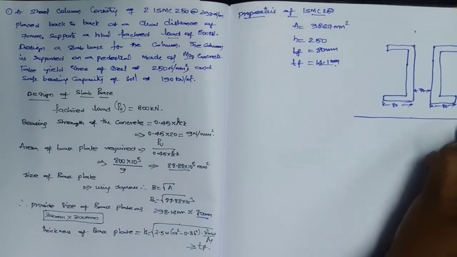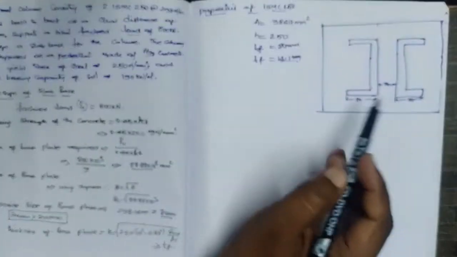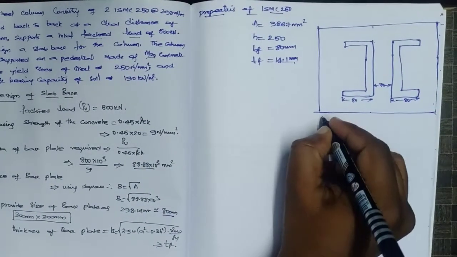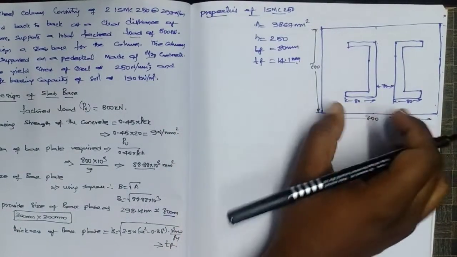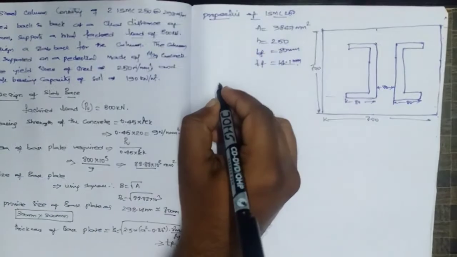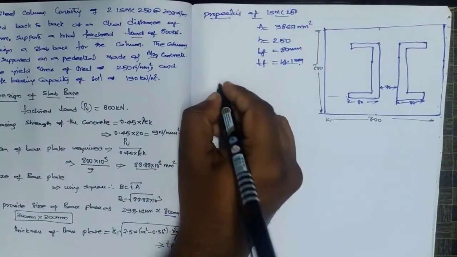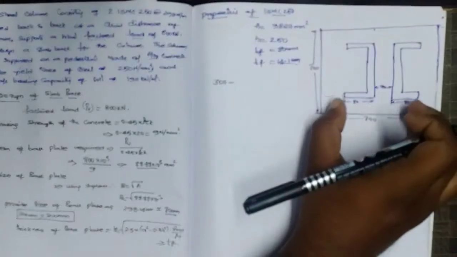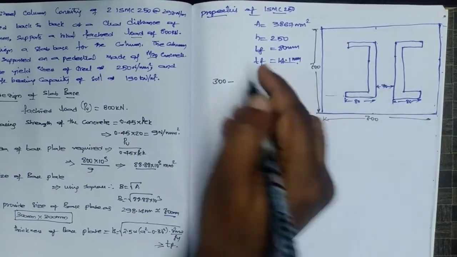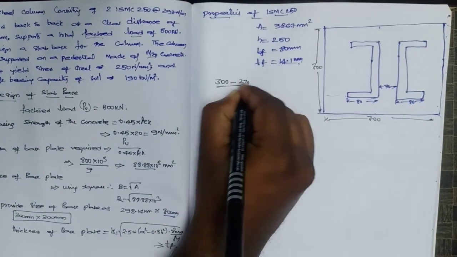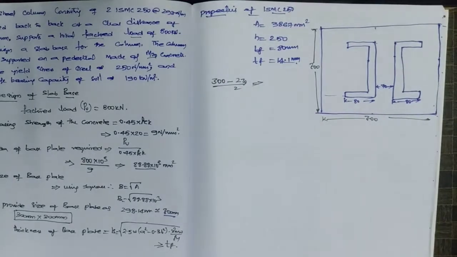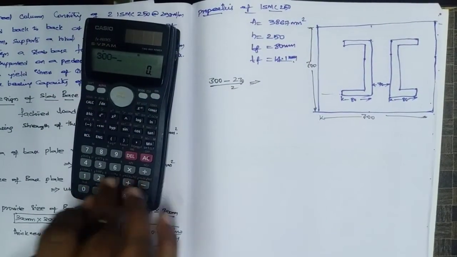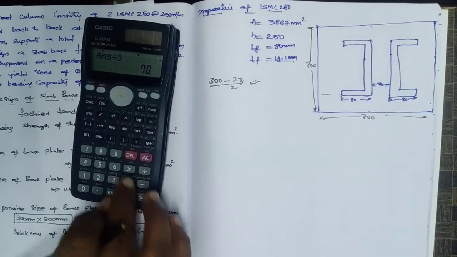So this is 300 by 300. First we will see these projections. So 300 minus of 80, 80, 160 plus 70 means 230, divided by 2. So how much? 300 minus 230 divided by 2.